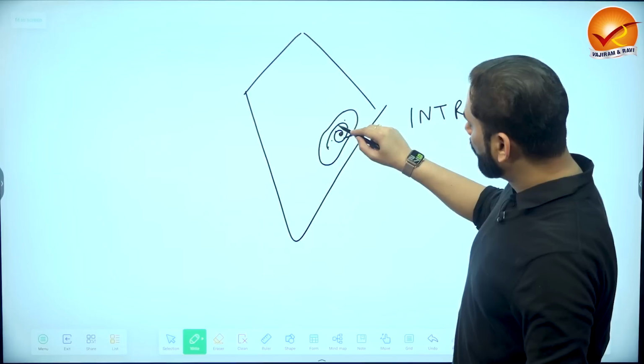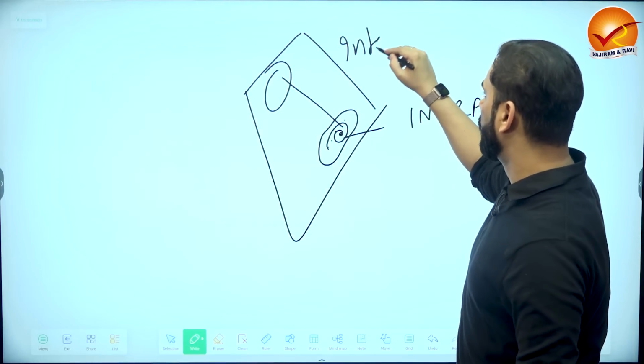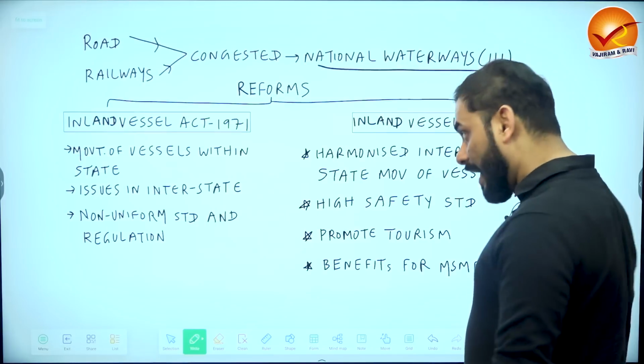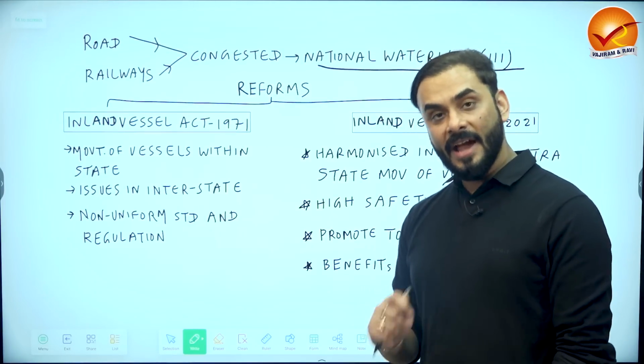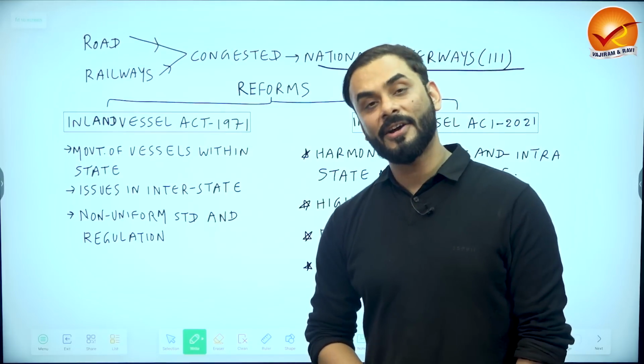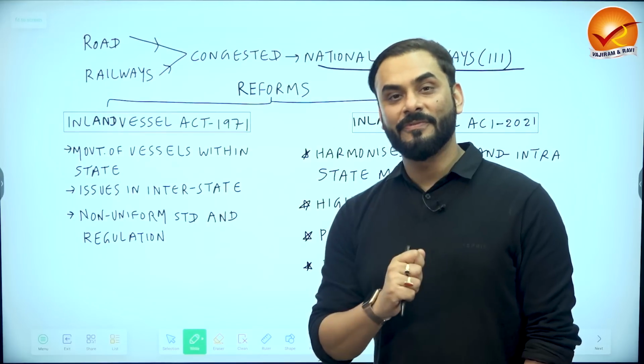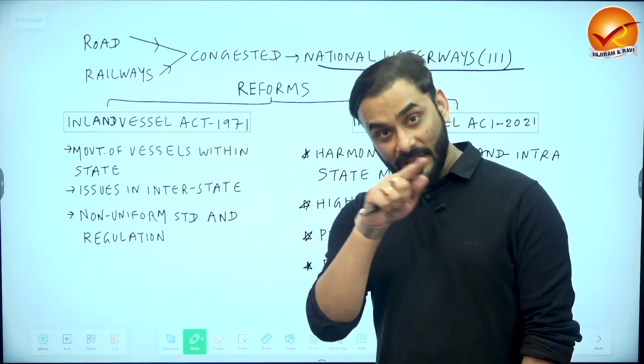But when a ship from one state goes to another, that is called interstate movement of ship. So in 1971, an act was passed which is called Inland Vessel Act 1971. What did the act talk about? The act talked about the intra-state movement of ship, which means the movement of ship within a state.